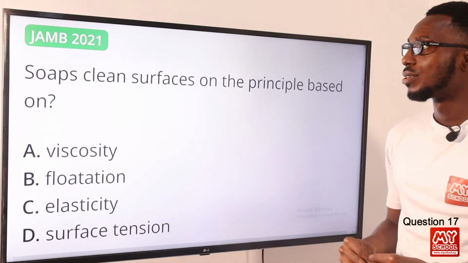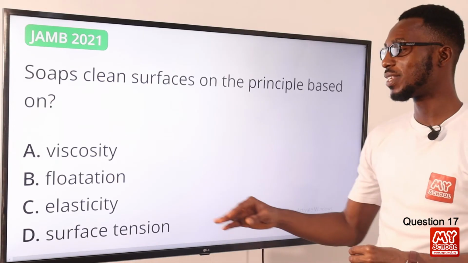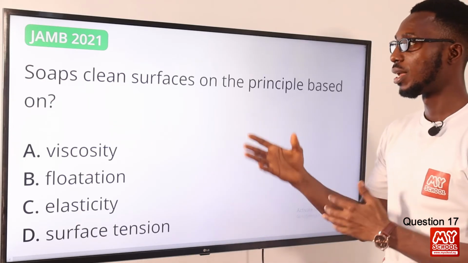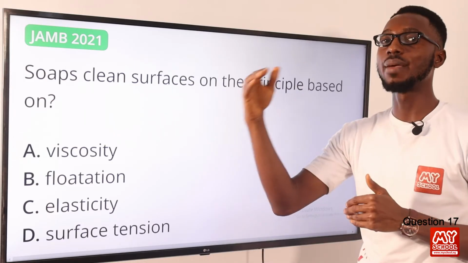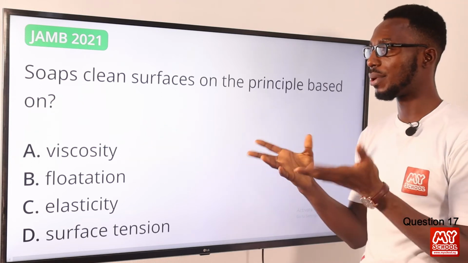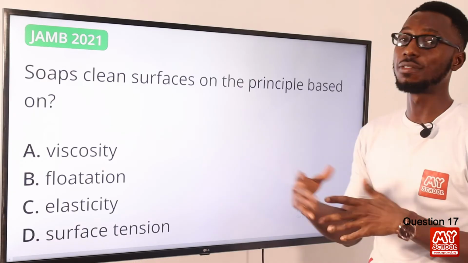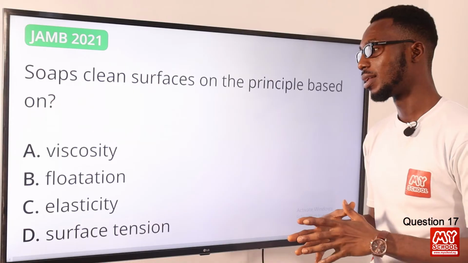17. Soaps clean surfaces on the principle based on surface tension. Some of the ways to reduce surface tension include adding soaps or detergents and increasing temperature. When you talk about viscosity, you are talking about the resistance of a fluid, measuring its resistance to deformation. Flotation is just like the term implies.